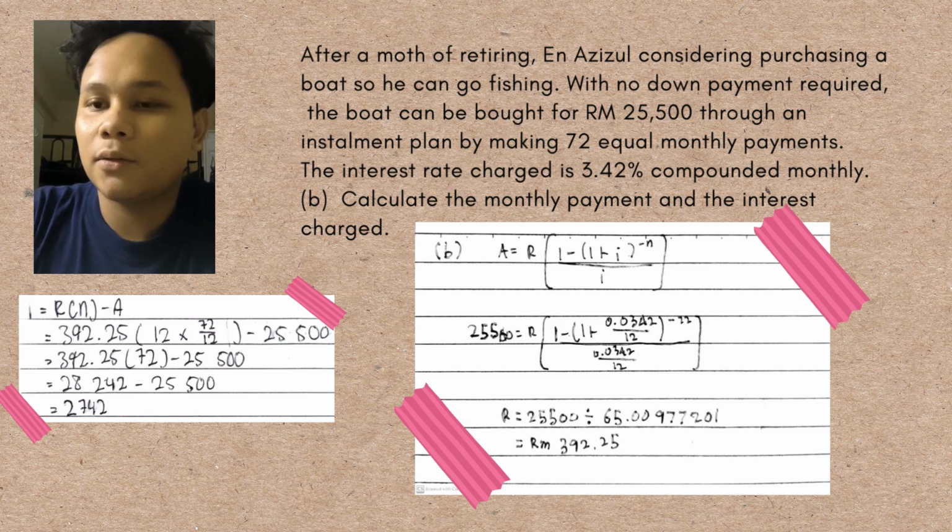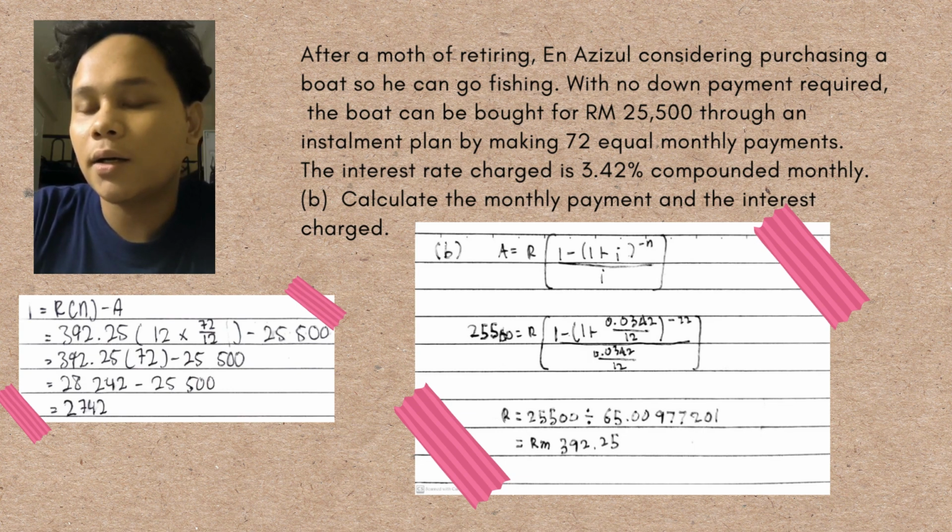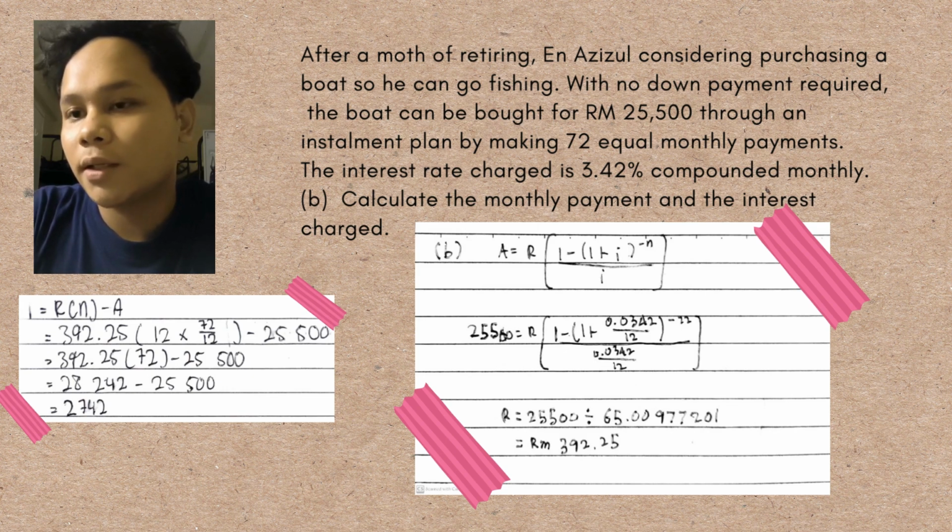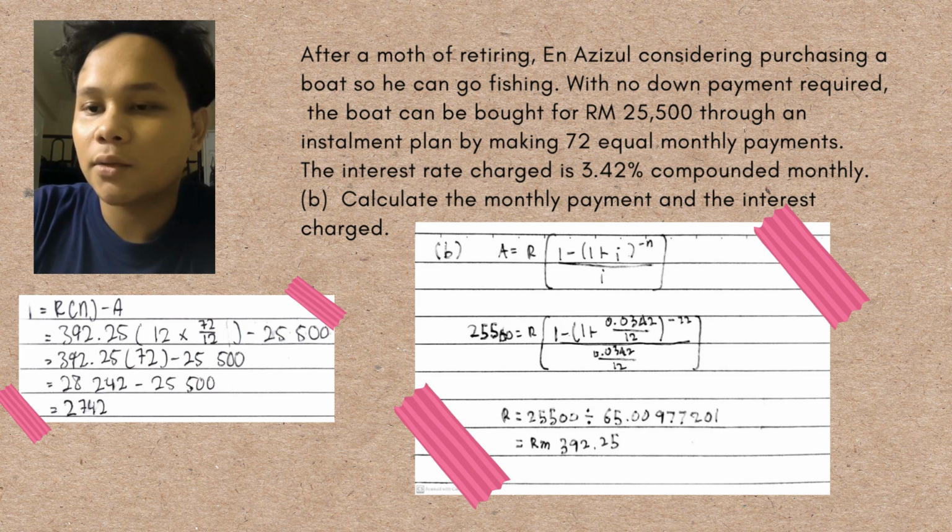To find the monthly payment, we could use the present value formula, which is A equal R bracket 1 minus bracket 1 plus I power negative N over I. Then the monthly payment is RM392.25.